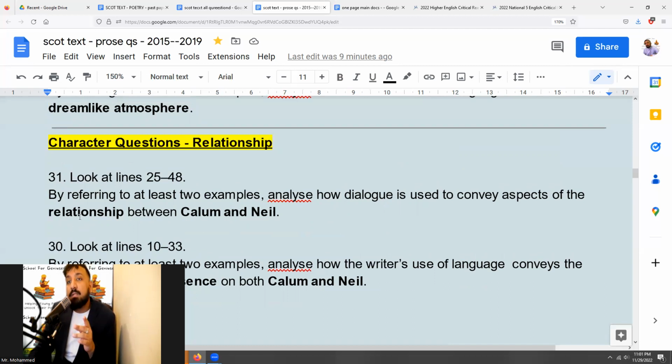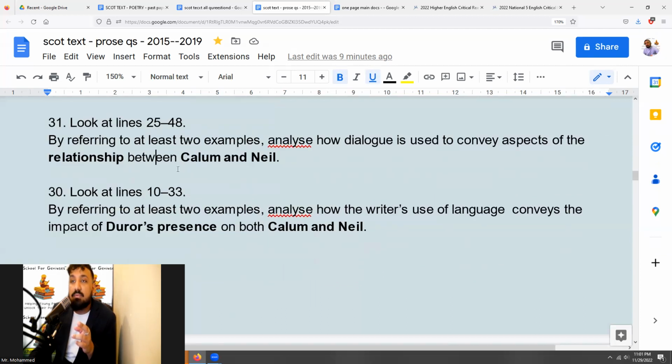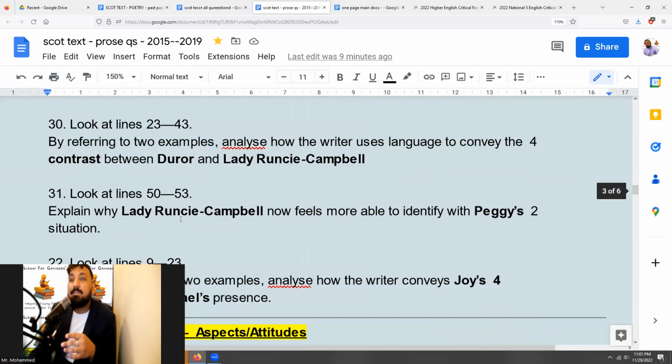Now, the next thing is you could be asked about characters. You could be asked about the relationship between two characters. For example, on The Cone Gatherers, you could be asked about the relationship between Callum and Neil. How does the language, the dialogue, tell you about the relationship? Again, analyze it with word choice.